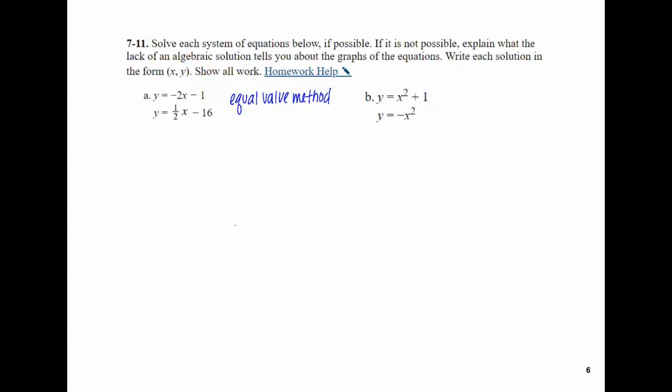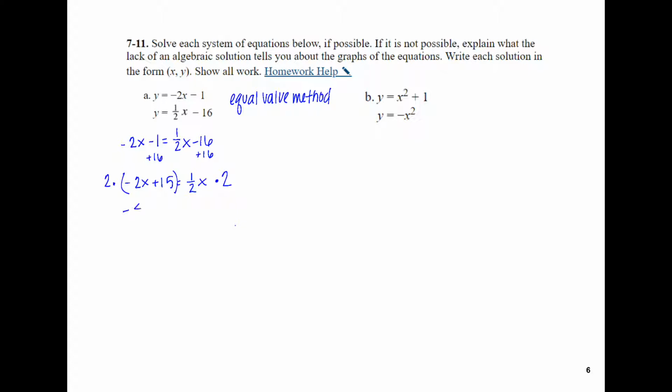So because they're both solved for y, the equal value method means we can set them equal to one another. We then want to use our inverse operations to combine our like terms. So I'm going to add my 16, and I get negative 2x plus 15 is equal to 1/2 x. I then want to multiply everything by 2 to get rid of my denominator.